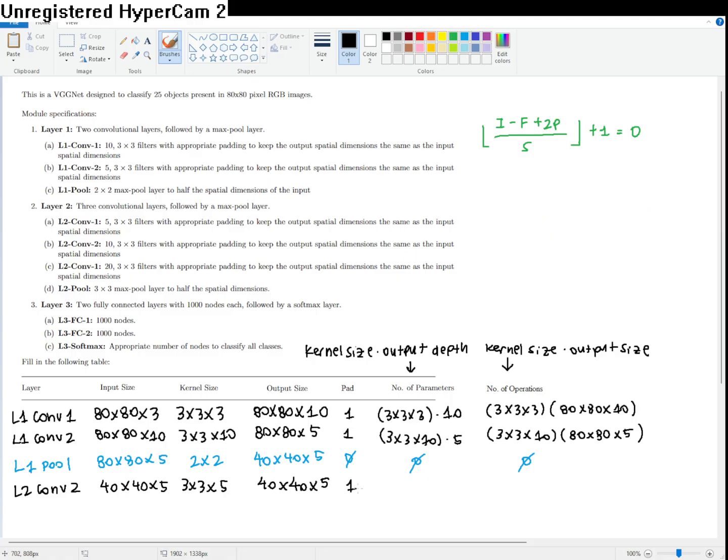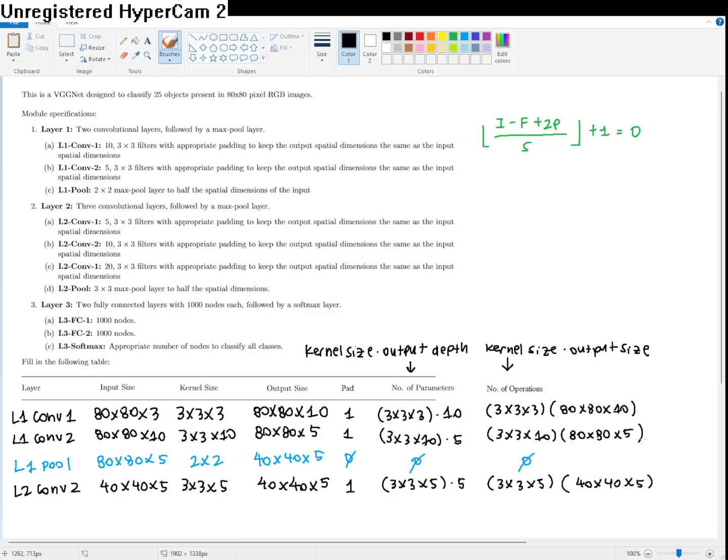The number of parameters is going to equal 3 times 3 times 5 multiplied by 5, because that is the output. And then let's just do 3 by 3 by 5 multiplied by 40 by 5.